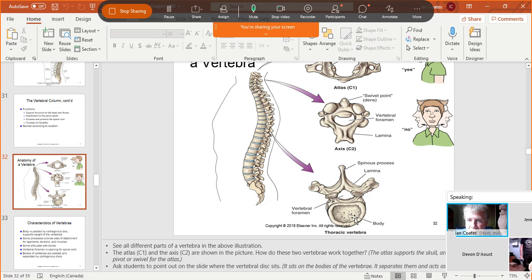Here's your body there. You'll notice that cervical vertebrae really don't have a body. As you go down, especially in the lumbar region, that's where you get these big, massive bodies. They're able to support the entire rest of the upper torso.